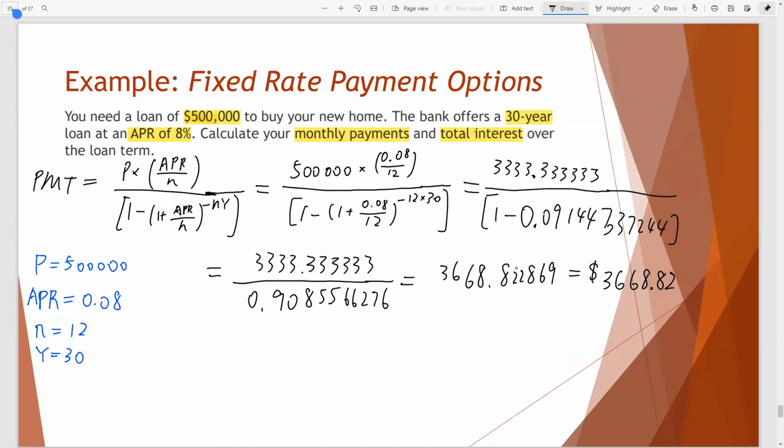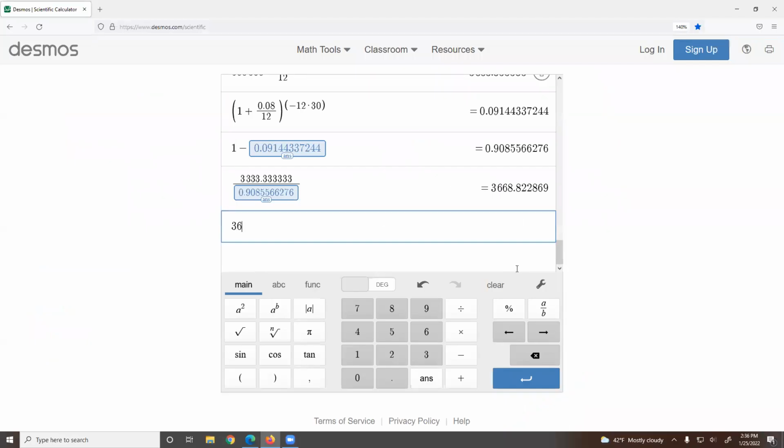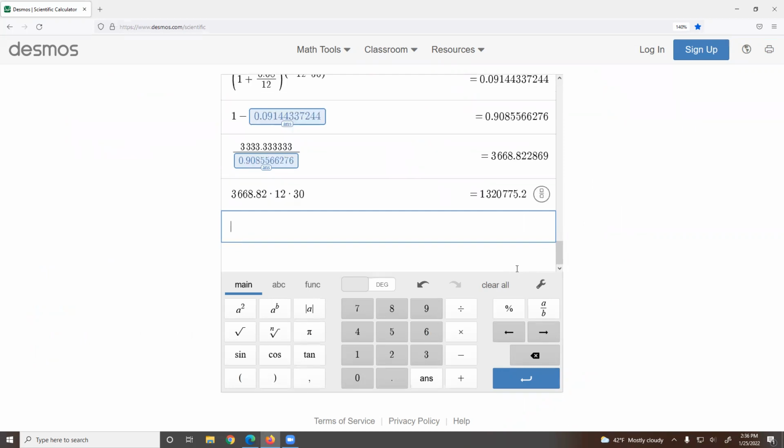That's the first question. Then the total interest will be the amount of total payments, that's 12 payments each year for 30 years, minus the 500,000 principal, the loan. 12 payments, 30 years.